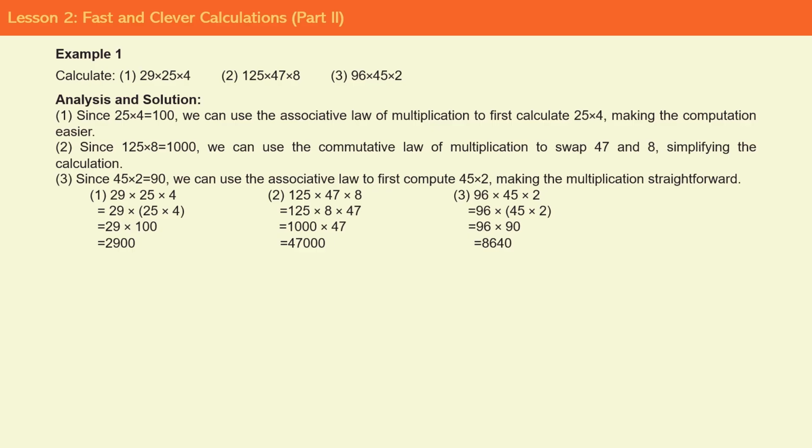For question 2, since 125 times 8 equals 1000, we can use the commutative law of multiplication to swap 47 and 8, simplifying the calculation. For question 3, since 45 times 2 equals 90, we can use the associative law to first compute 45 times 2, making the multiplication straightforward.